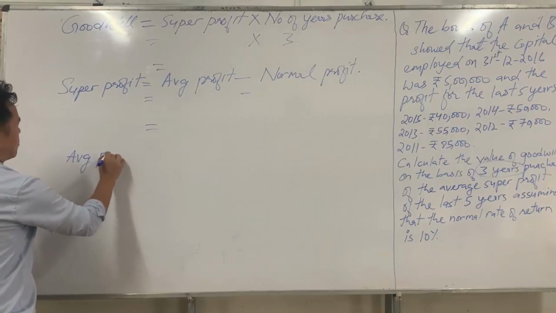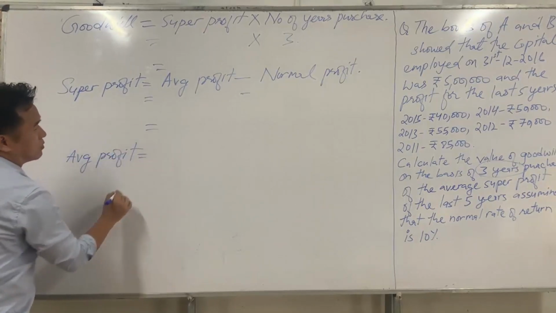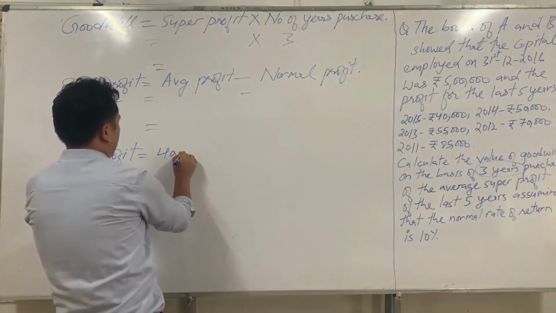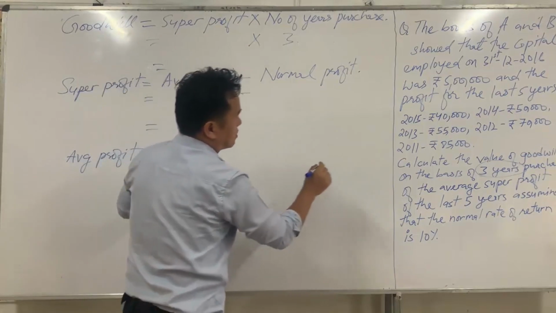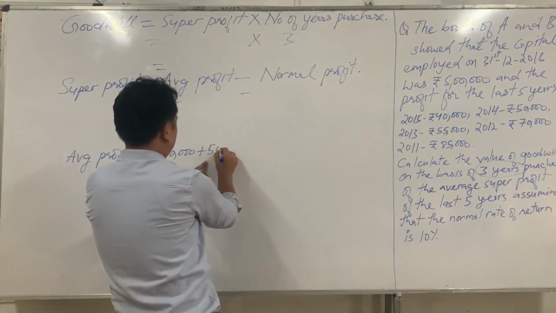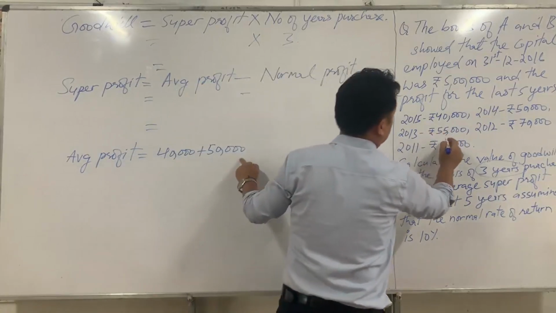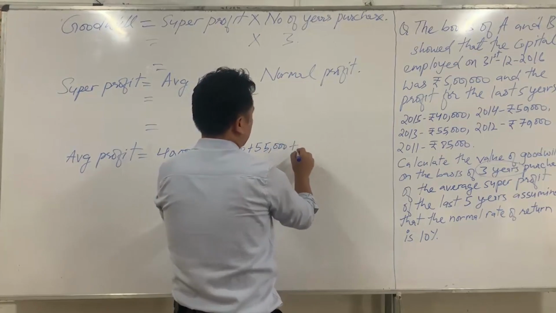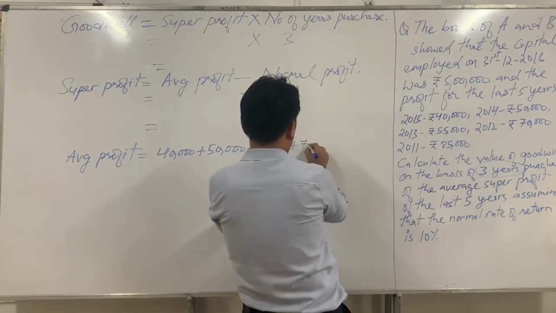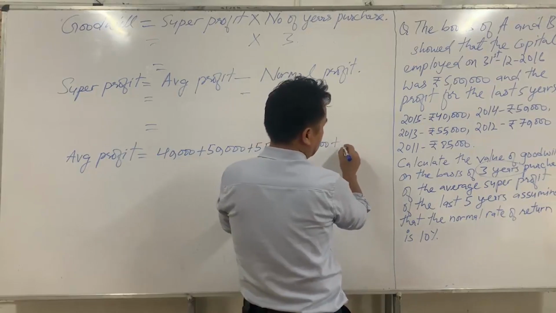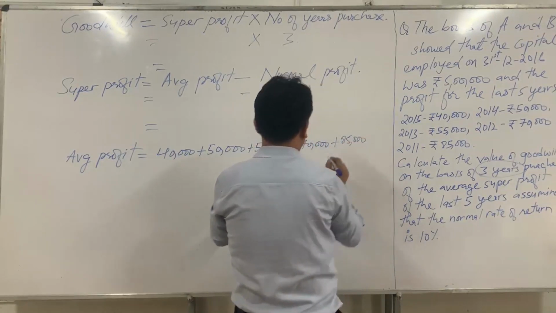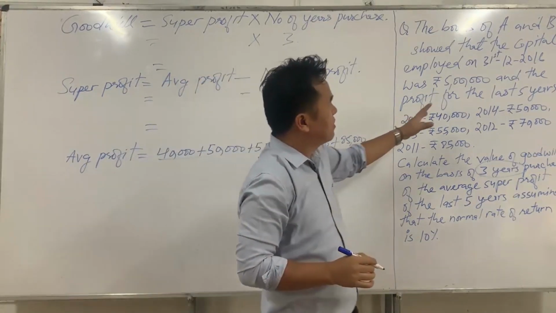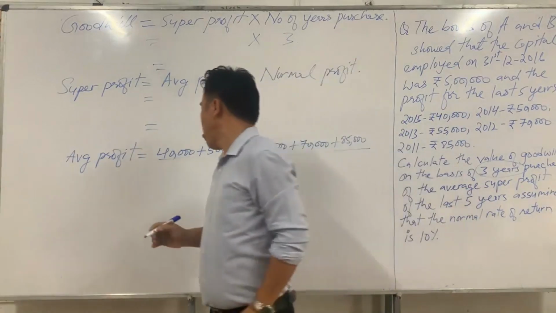Average profit is equal to 40,000 plus 50,000 plus 55,000 plus 70,000 plus 85,000, and it should be divided by 5 since we have 5 years' profit.